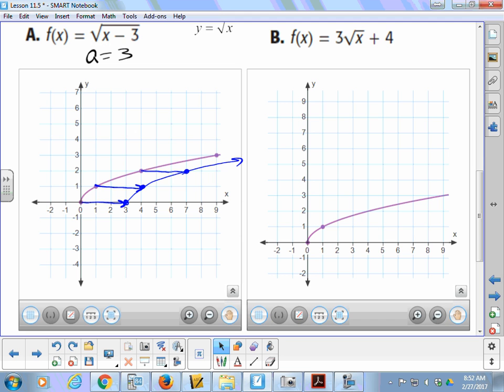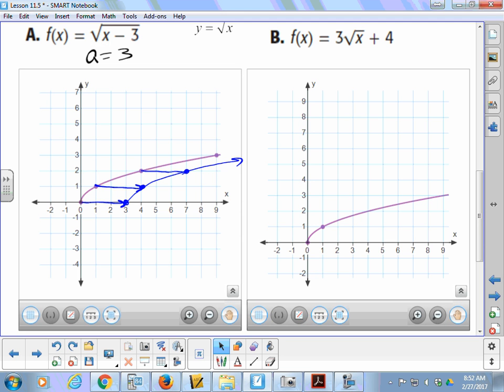What's that 3 tell us? What happens when I put a number in front of anything? What does that mean to do? Add, subtract, multiply, divide? Okay, it means to multiply, right?